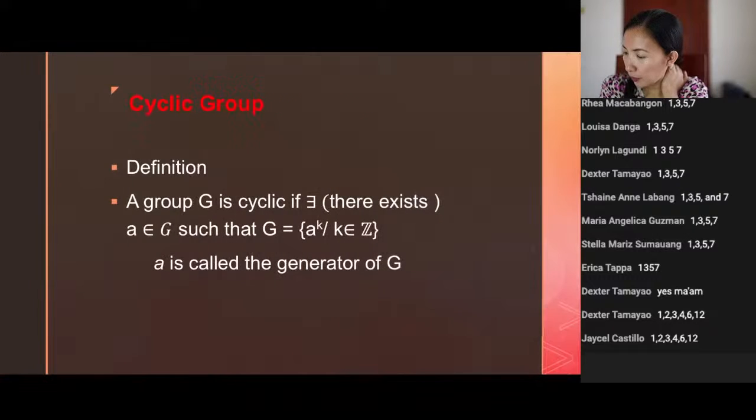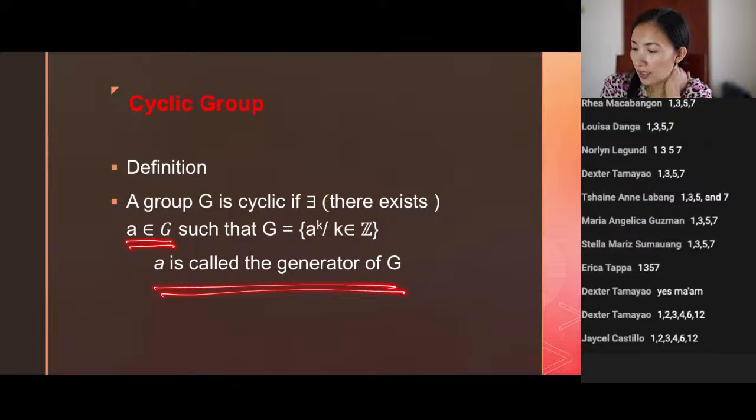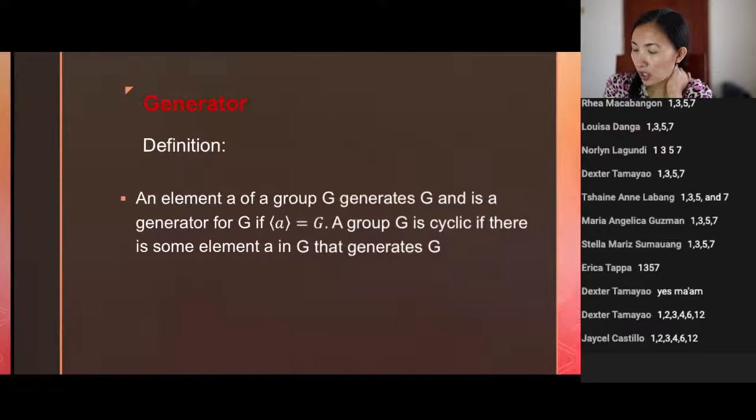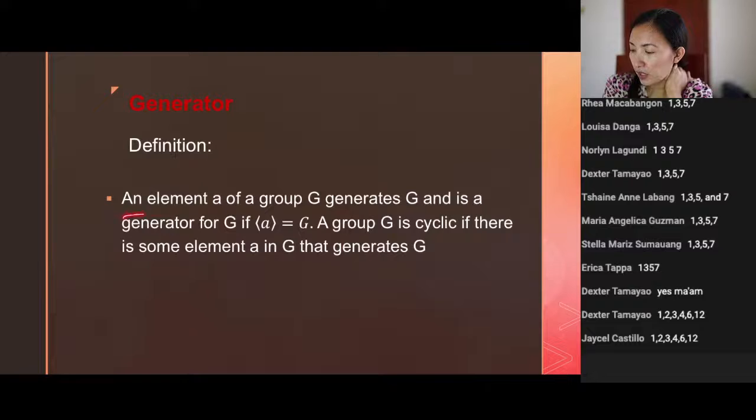Then cyclic group, what did we say? If there is an element of G that could generate all the elements of G, then it is a cyclic group, if G could be generated by A raised to k, where k is an integer. Next, generator, the element that generates G. A group G is cyclic if there is some element A that generates G. Ulit-ulit na yan.